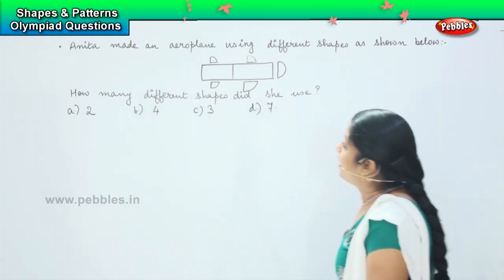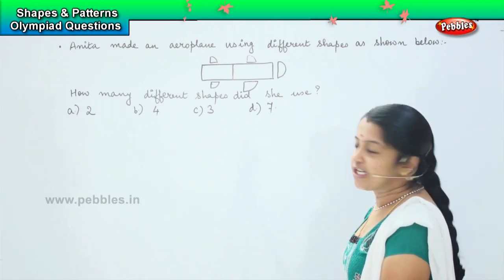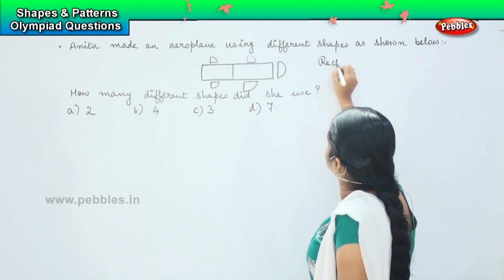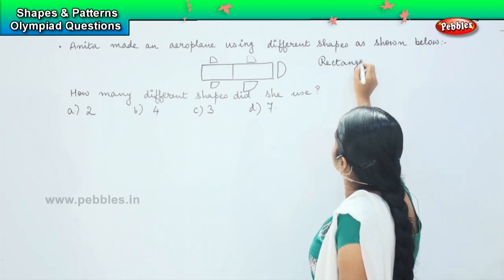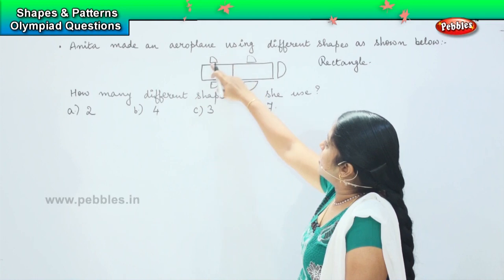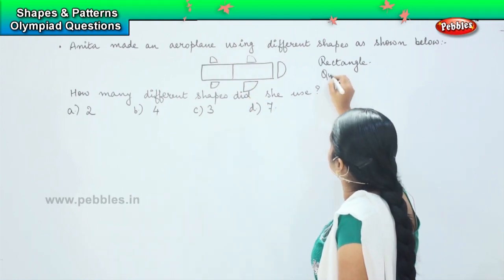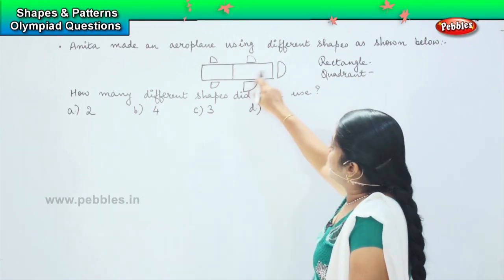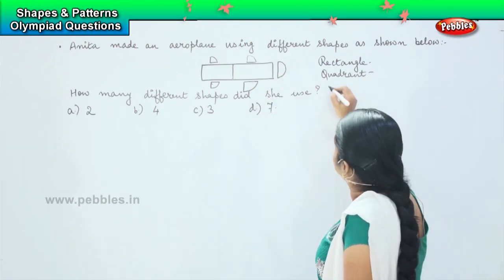So here we have to see what are the different shapes used. So we can see a rectangle here. We can see a quadrant and we can also see a semicircle.